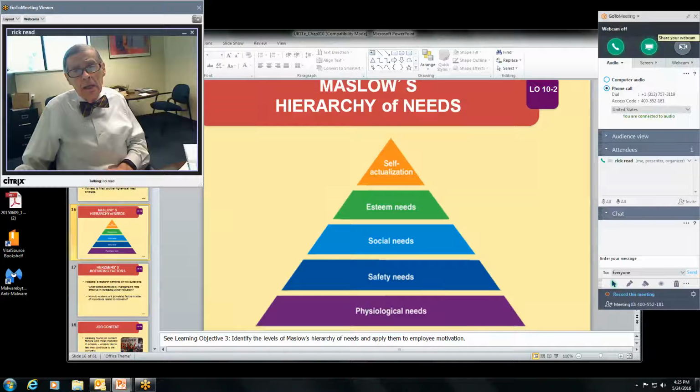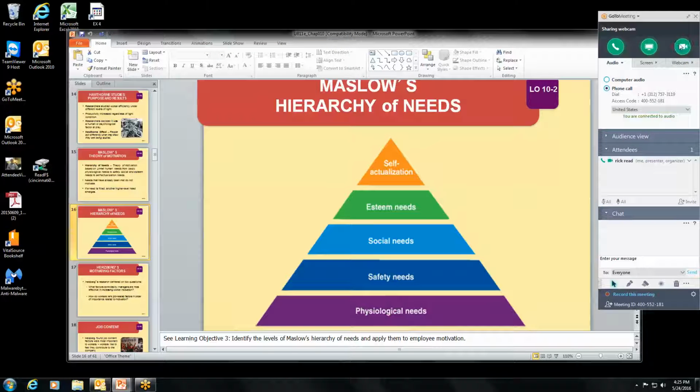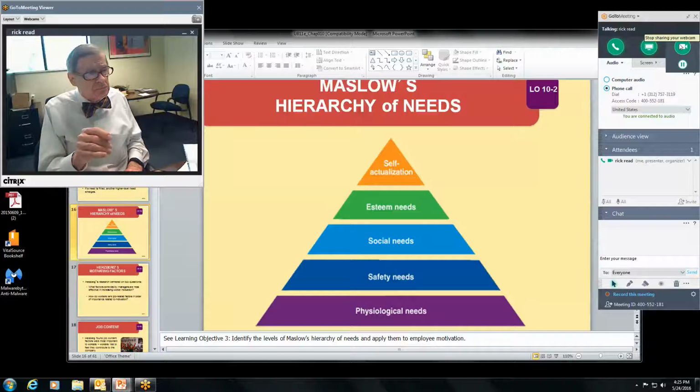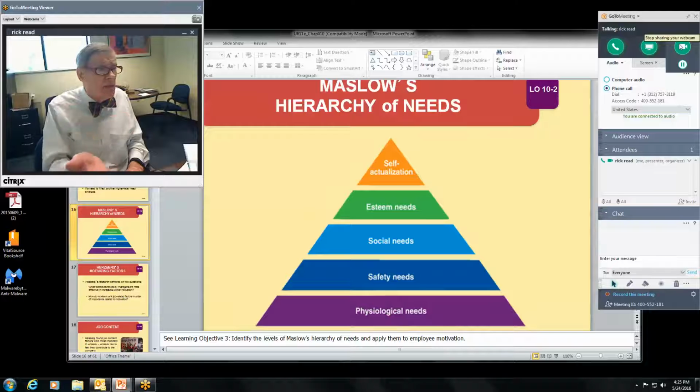What Maslow really said was that in motivation, a person won't be motivated or move to the next level of his or her needs until the lower one is satisfied. So he talked about, and this builds up to an apex, as you can see, just like a pyramid, physiological needs, safety needs, social needs, and then the two higher order needs, esteem needs and self-actualization.